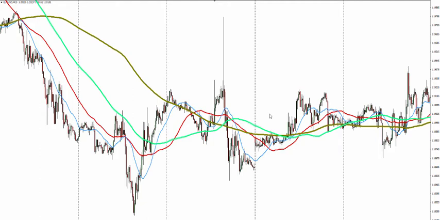So if you believe you're in a higher time frame uptrend, then you should be stalking price as it retraces, pulls back towards you for an entry. You want to look for some type of market manipulation, some type of stop hunt, so that you can jump on board the next impulsive move higher.